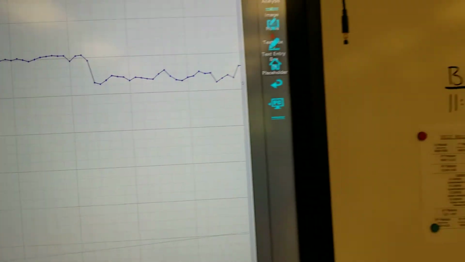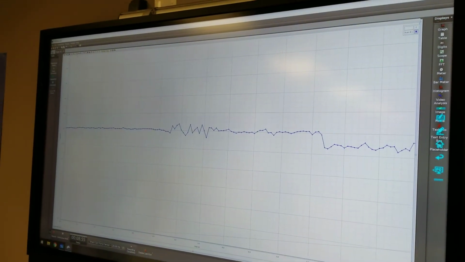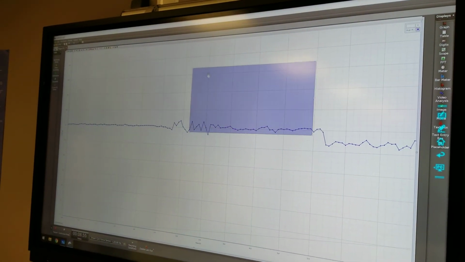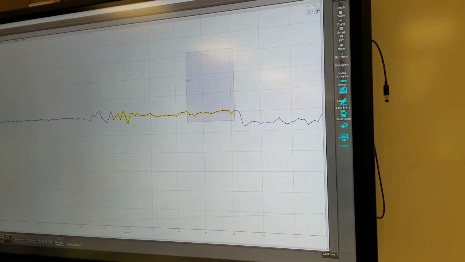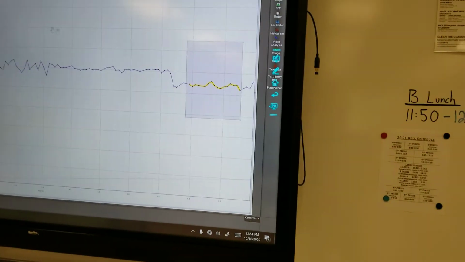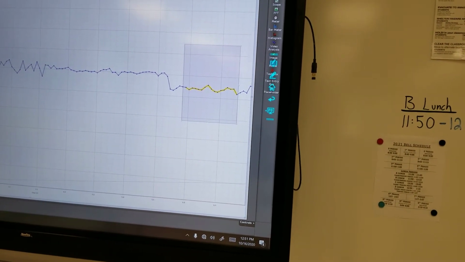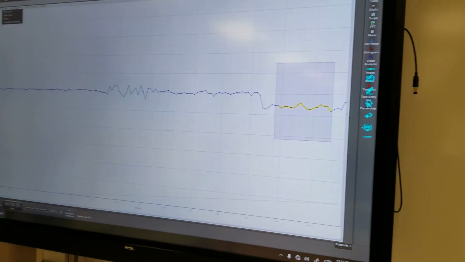To get an exact value for that, I can, again, select just that part. A little box there, just the part after I let it go. Do the statistics tools, and here I want the average, so I'm going to choose mean.